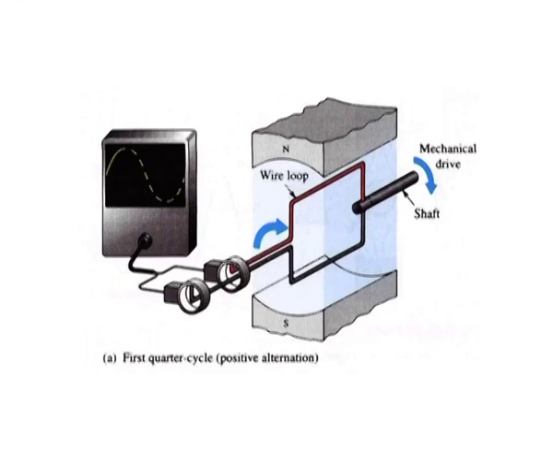Thus, the induced voltage increases from 0 to a peak during the quarter cycle. As shown on the display in part A, this part of rotation produces the first quarter of the sine wave cycle as the voltage builds up from 0 to its positive maximum.